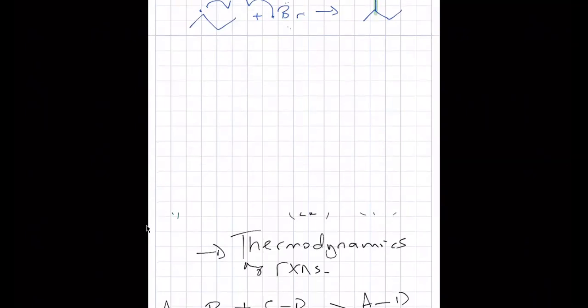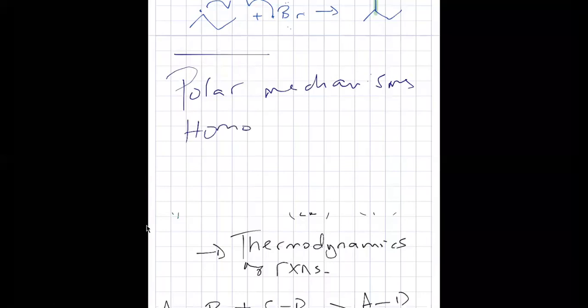So we talked about the polar mechanisms before. And we talked about with a polar mechanism, the fact that you have different types of bond breaking and bond making processes. We talked about homo and hetero, either lytic or genic, right? Bond forming, a bond breaking, a bond forming.